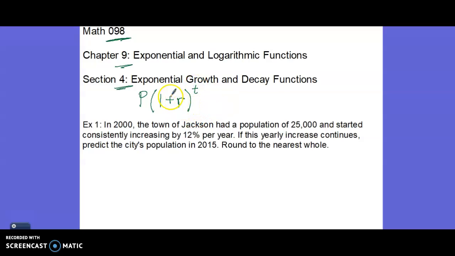Now, just like with the compound interest that we did, P is the starting amount, the r is the rate as a decimal, and then t does not have to be in years. It depends on the context clues in the problem. So if it says per year, then yeah, t is in years. But if it said per month, then t would be in months. So if they ask for 2 years, if it's 12% per month, well then you'd put 24 in the exponent.